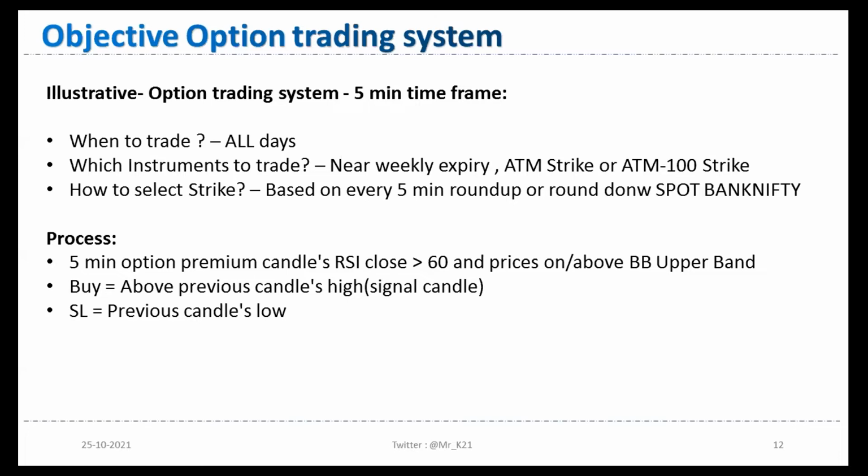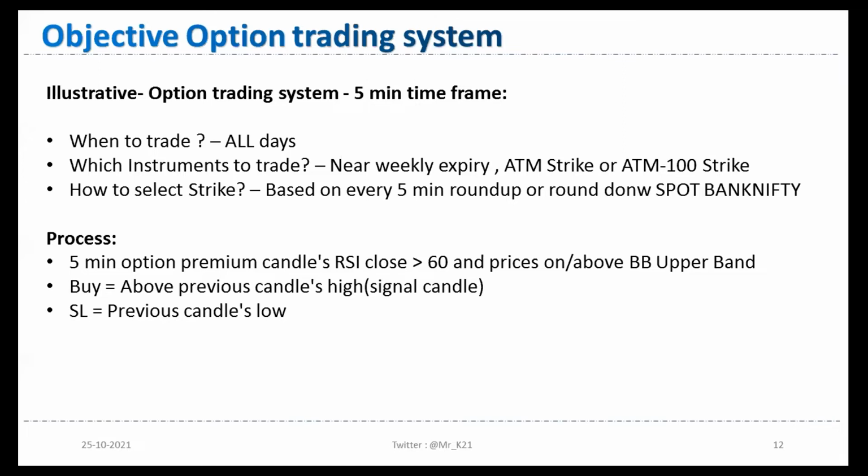If either one's RSI is greater than 60, then I will check another condition: my price should cross over the Bollinger Band upper band, right? I will show you an example, it will help you more. If both conditions are satisfied, then I will buy above the signal candle's high, the candle which satisfies both conditions.